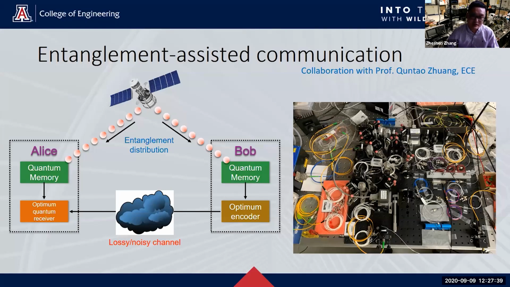On the right is a proof of concept experiment in which we implemented an entangled photon source along with a novel quantum receiver to reap the full benefit of pre-shared entanglement.